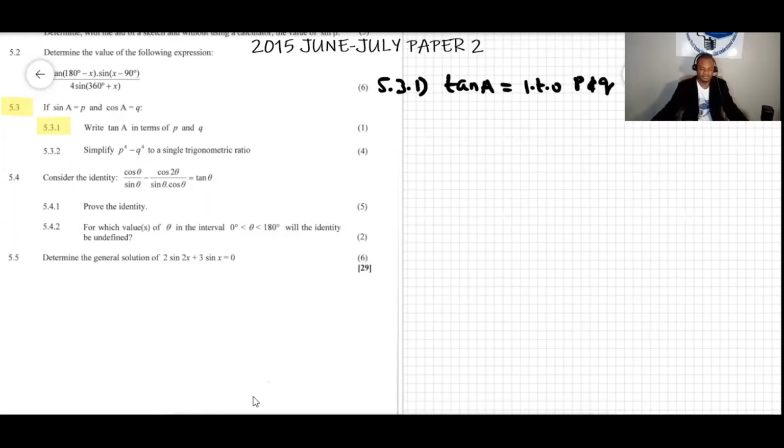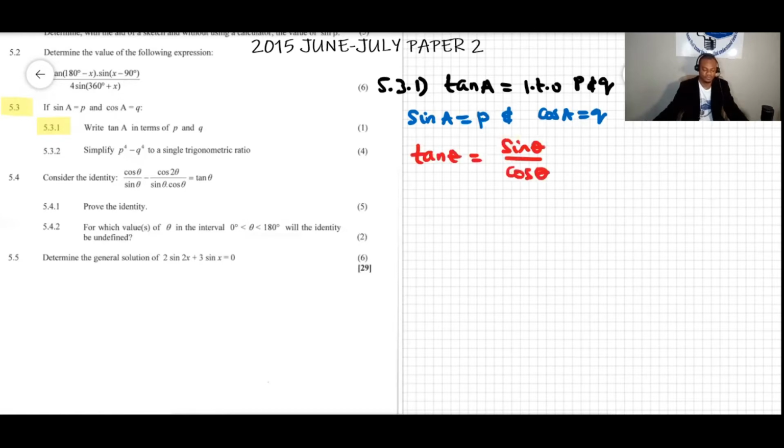All right. It is given that sine A is equal to P, and cos A is equal to Q. Now, by definition, we do know that tan of the angle theta is equivalent to sine of theta over cos theta.